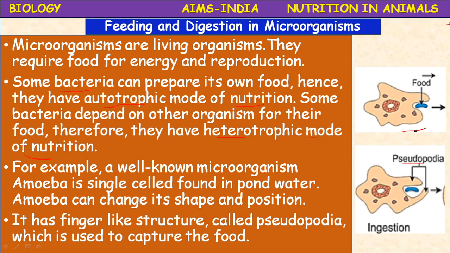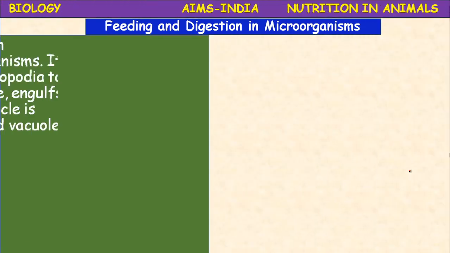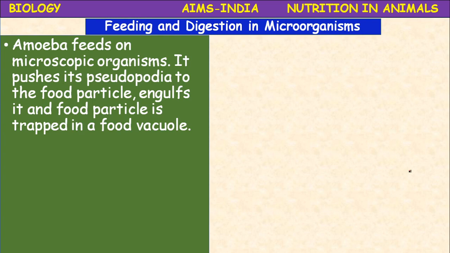The microorganism we can't see with our naked eye. When you observe the amoeba slide under the microscope, you can see the pseudopodia. Pseudopodia are the feeding organs in amoeba. Then there are wide varieties of microorganisms, which we will discuss. Amoeba feeds on microscopic organisms.